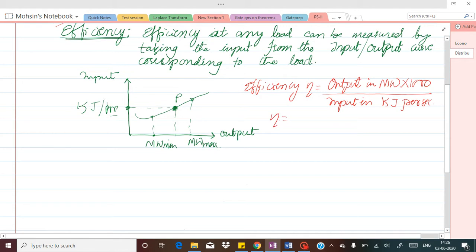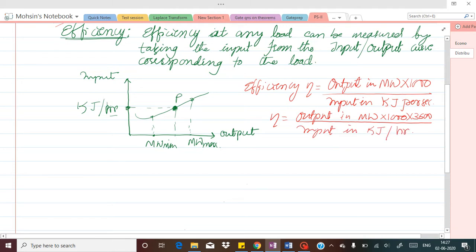When we want to use the input in terms of kilojoule per hour, the efficiency becomes output in megawatt into 1000, and converting per second into per hour, we divide by 3600 in the denominator, so that goes to the numerator: 3600 divided by input in kilojoule per hour.